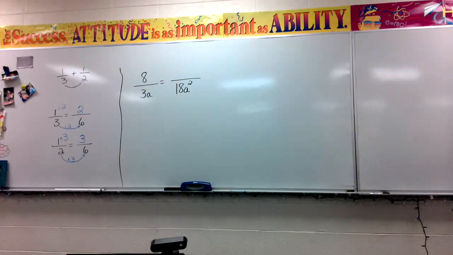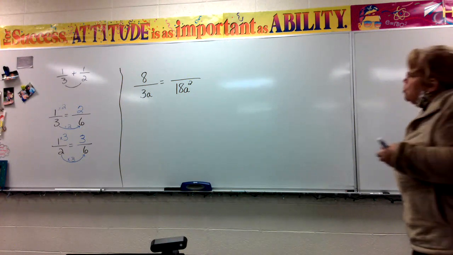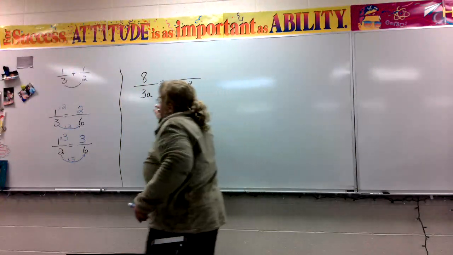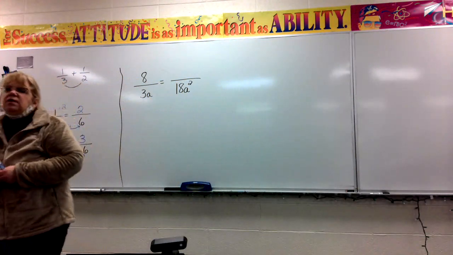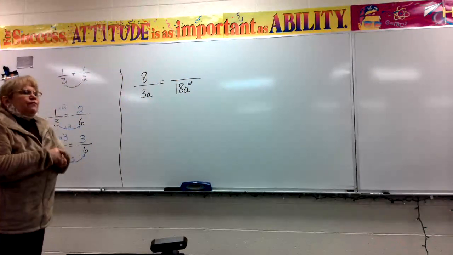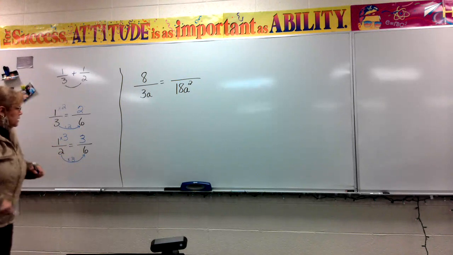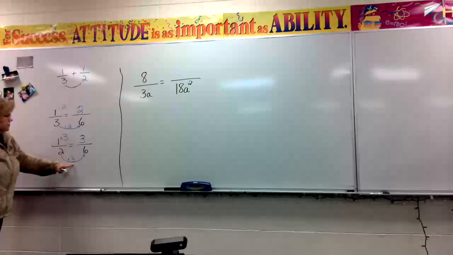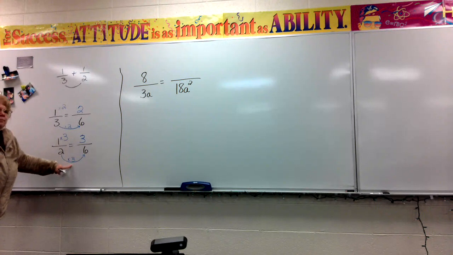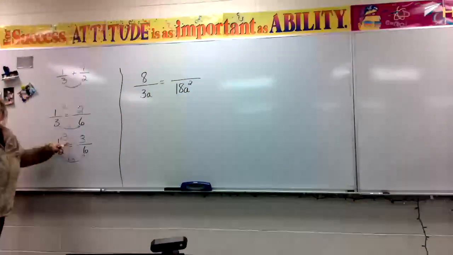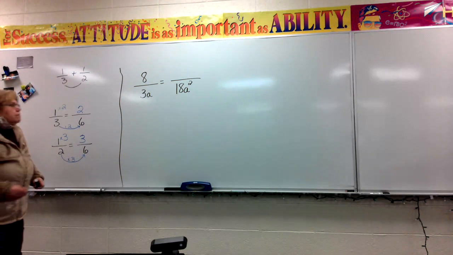Today we're going to practice just getting the common denominators, getting the equivalent fractions. So they will ask you, this is the problem, and they will ask you, find the equivalent fraction. So like over here, you're going to have to figure out what you multiplied the bottom by so that you know what to multiply the top by.